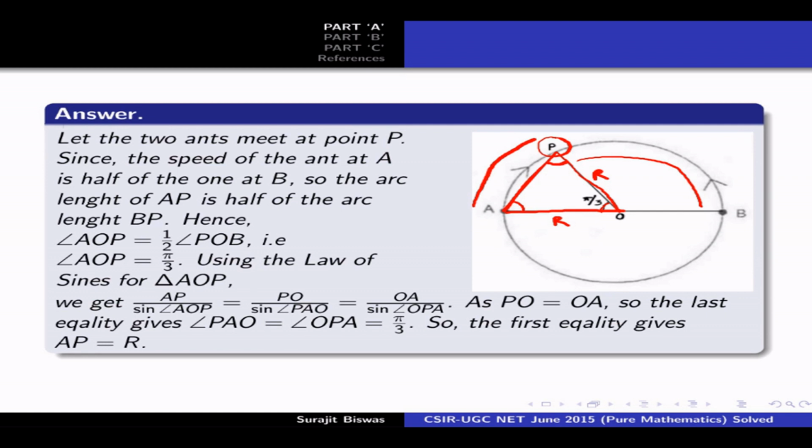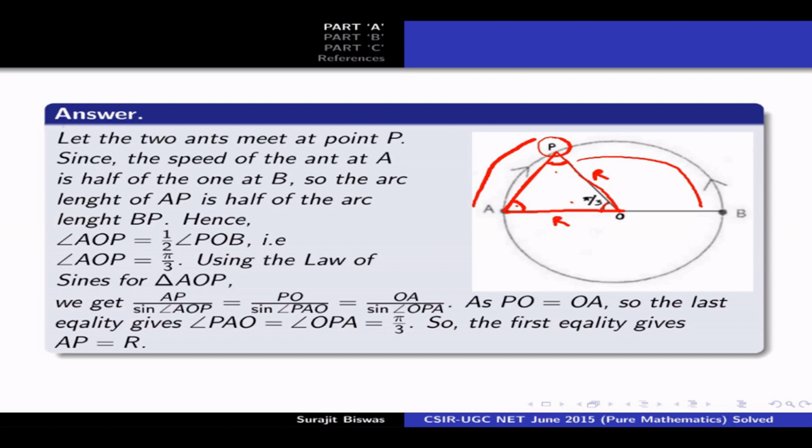Since the sum of these three angles is equal to pi, angle PAO equals angle OPA equals pi by 3.